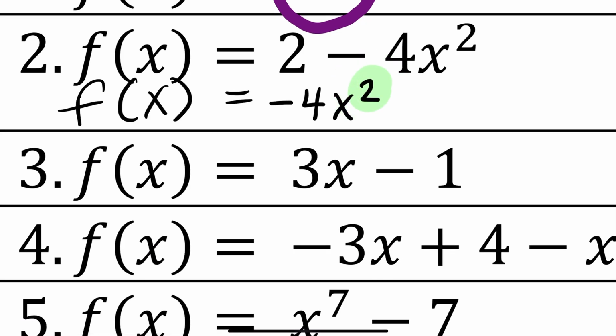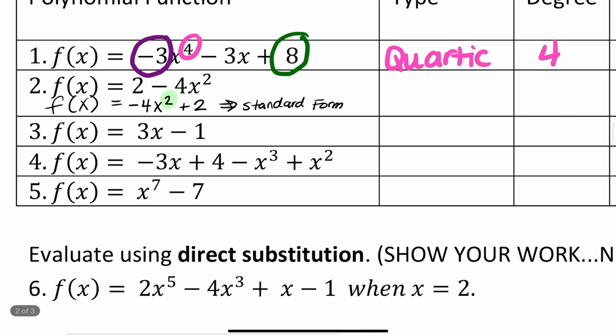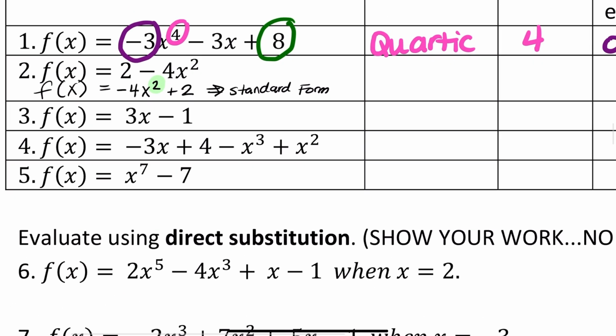And then you would write the positive 2 after. So we're switching the order here so that it's in standard form. Now this is standard form: highest exponent to lowest exponent. Now, we didn't have to do that, but it's great to review what standard form is.